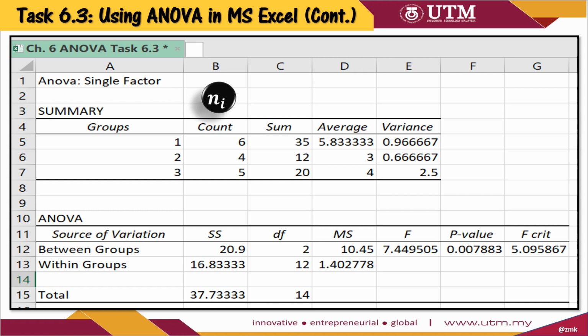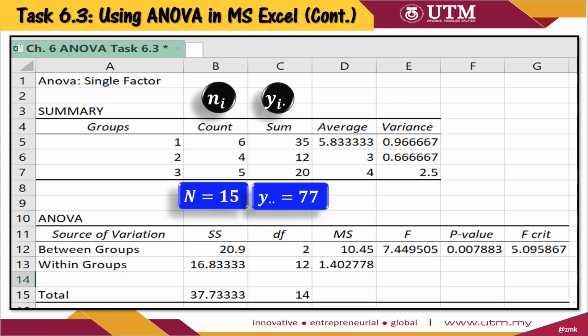The total sample size capital N is not given though, but you can always calculate it on your own, where capital N is simply the sum of all Ni values, which is 15. The third column on the sum is the level total Yi dot. The grand total Y double dot can be obtained by simply adding up all these level total values, giving you a value of grand total Y double dot equal to 77.